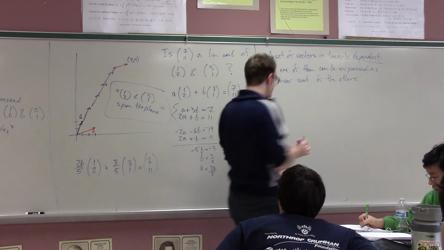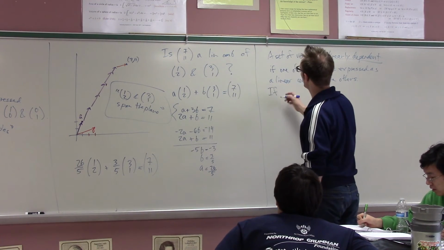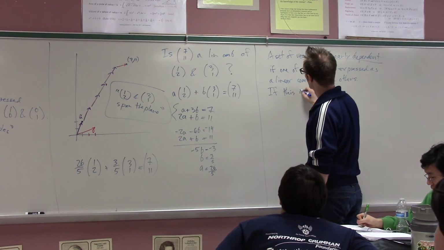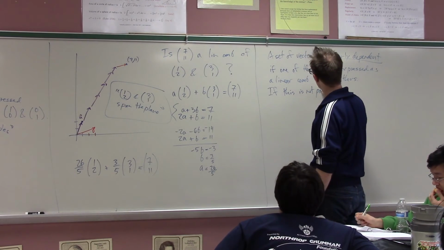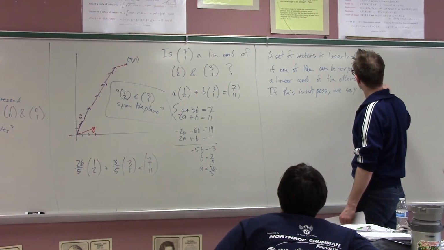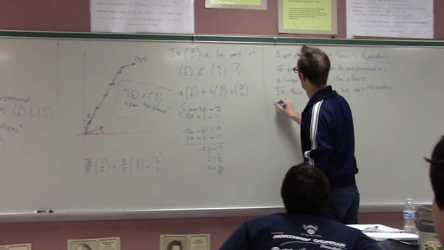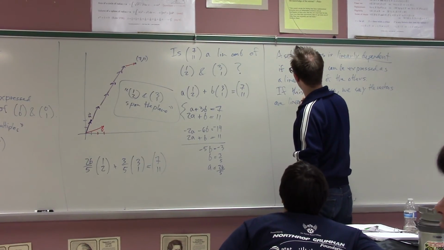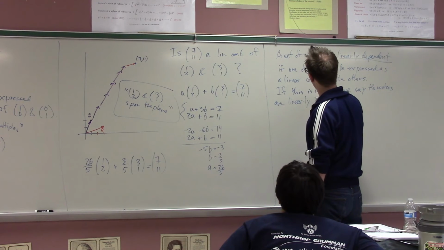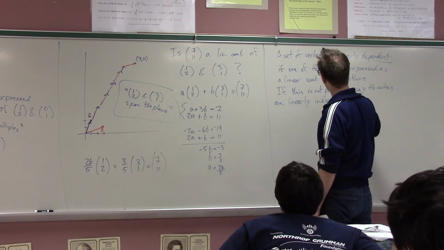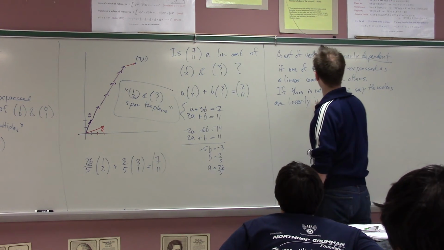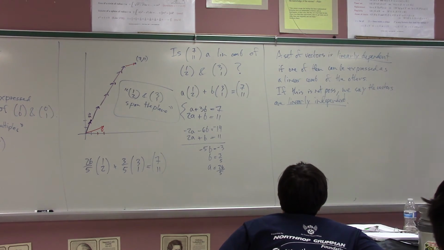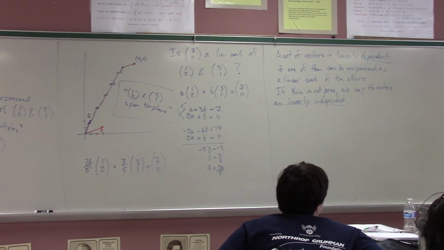And if this is not possible, we say the vectors are linearly independent. So you need exactly two parallel vectors to be dependent. Okay, we're going to see how this all plays out in various dimensions.